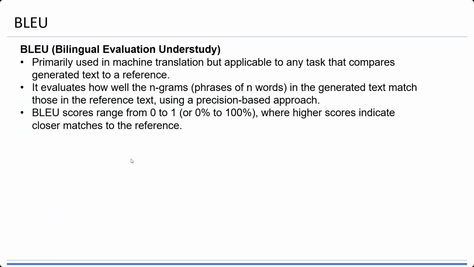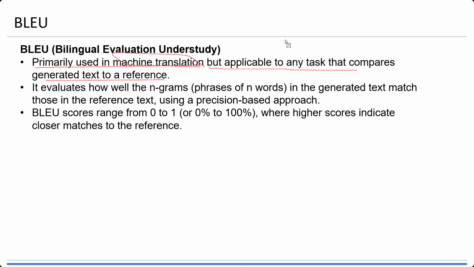The other metric, we call it BLEU. BLEU means Bilingual Evaluation Understudy. It is primarily used in machine translation. Machine translation means we will translate, but it is applicable to any task that compares generated text to a reference.